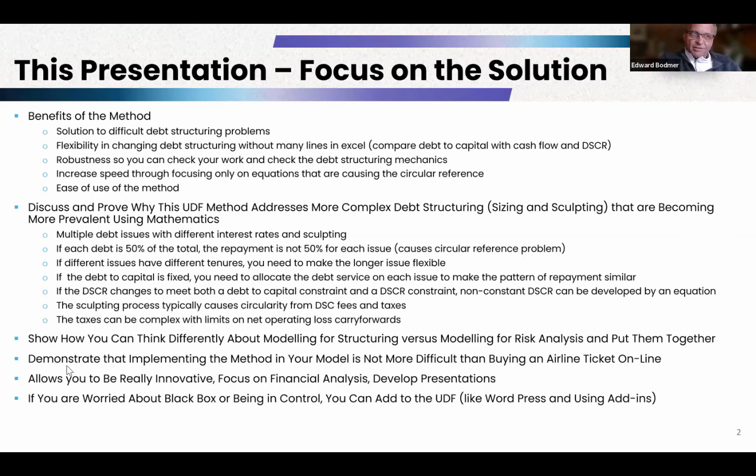It has a circular reference because taxes can be taken away from the CFADS, or because you have some fees on a letter of credit for a debt service reserve account. If these things sound esoteric, don't worry about them. I just want to give you a flavor: it's complicated. You can solve all these things with a little bit of math, no brute force. You can develop a few different mathematical equations and get these things. And we've incorporated all of this into this UDF.